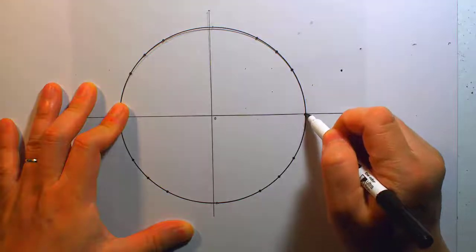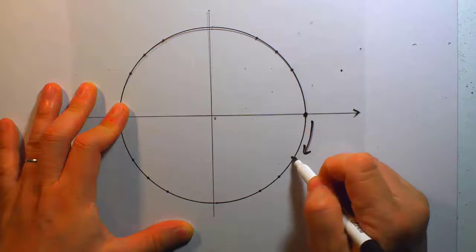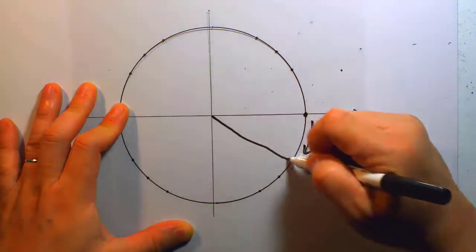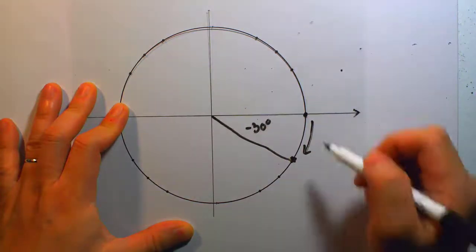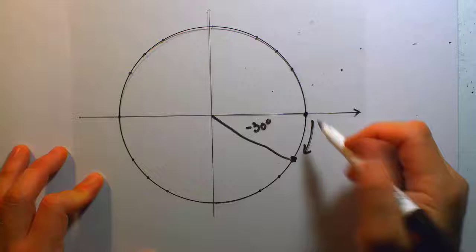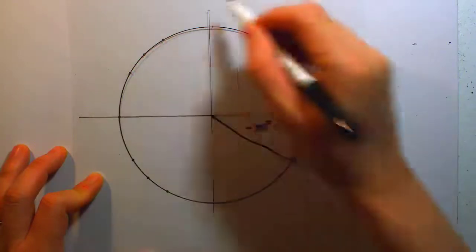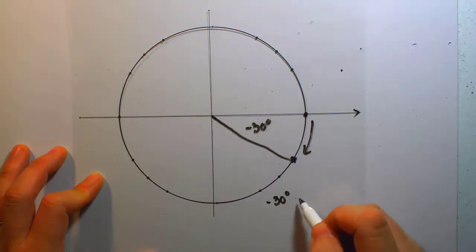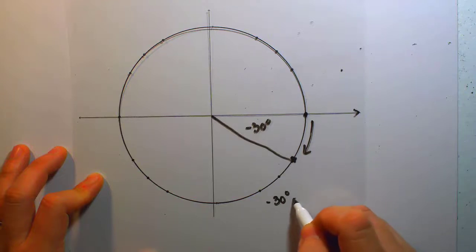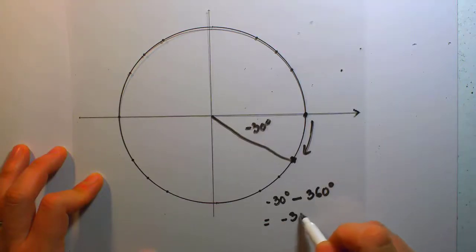From where your starting point is, here's some negative angle, let's say negative 30 degrees, going in a clockwise direction. From that original angle, we go one more complete cycle. So currently being negative 30 degrees, we go another clockwise, so it's another minus 360 degrees, and that gives me an angle of negative 390.